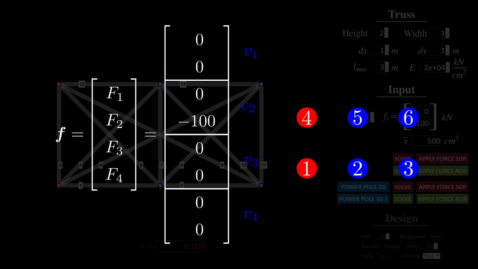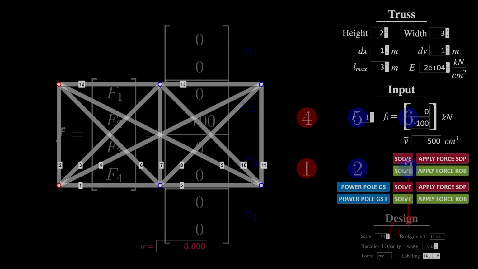I will use here a slightly different notation that F index I stands for the force that will be applied to the node I. So for example, in general, F3 does not mean the same as capital F3. This is because capital F3 is the force applied to the free node V3 and F3 is the force applied to the node with the number 3. So please be cautious not to confuse the force Fi with the force capital Fi.